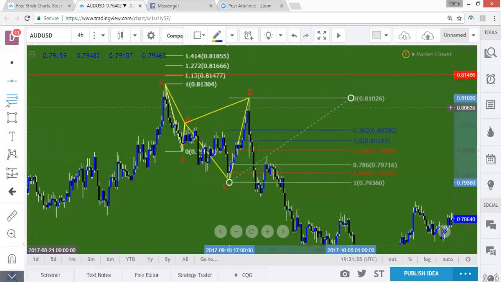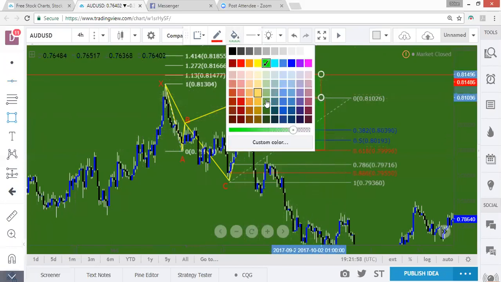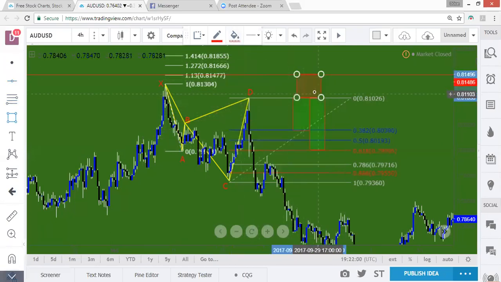We'd have been looking to get out of the market at take profit 1 at 382. Take profit 2 at the 618. Stops would have been up here. Pretty good trade. Boom, boom.